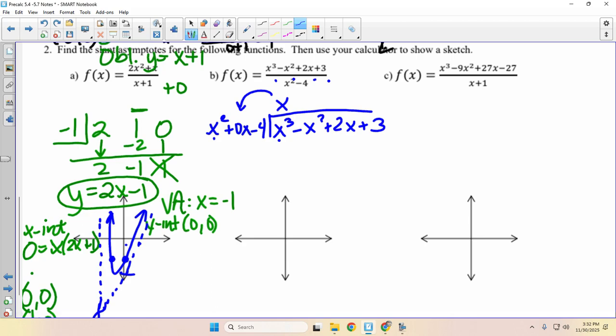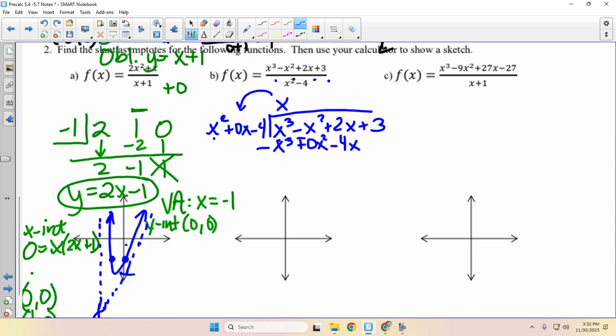So that's going to be x cubed plus 0x squared minus 4x. And then you change the sign of everything.